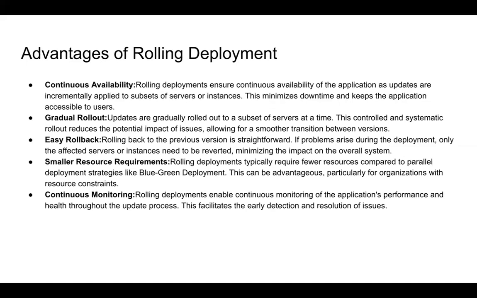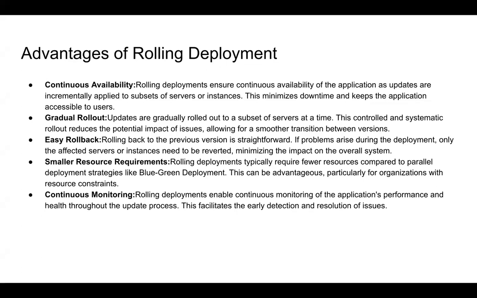Some advantages could be continuous availability. Rolling deployments ensure continuous availability of the application as updates are incrementally applied to subsets of servers or instances. This minimizes downtime and keeps the application accessible to users.